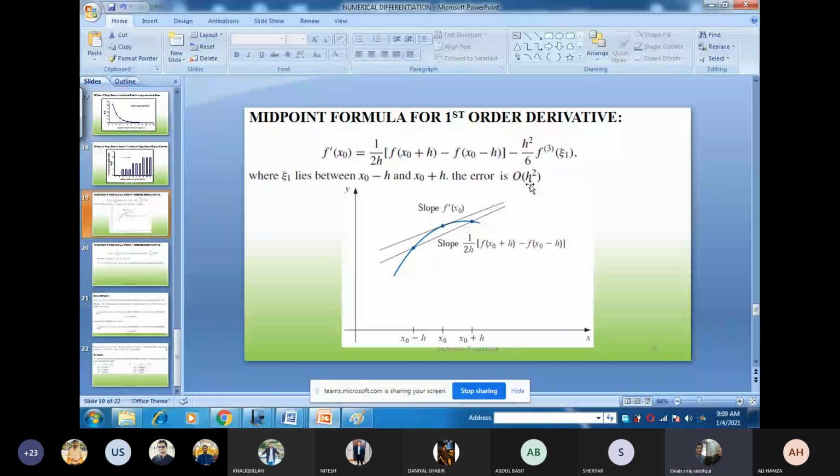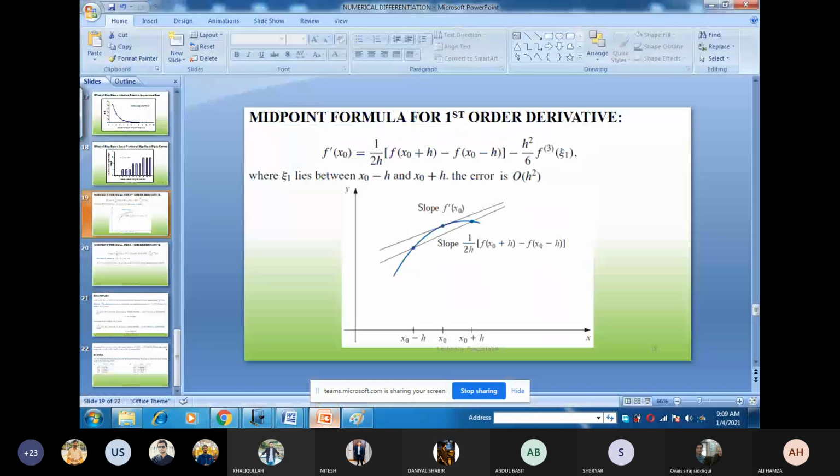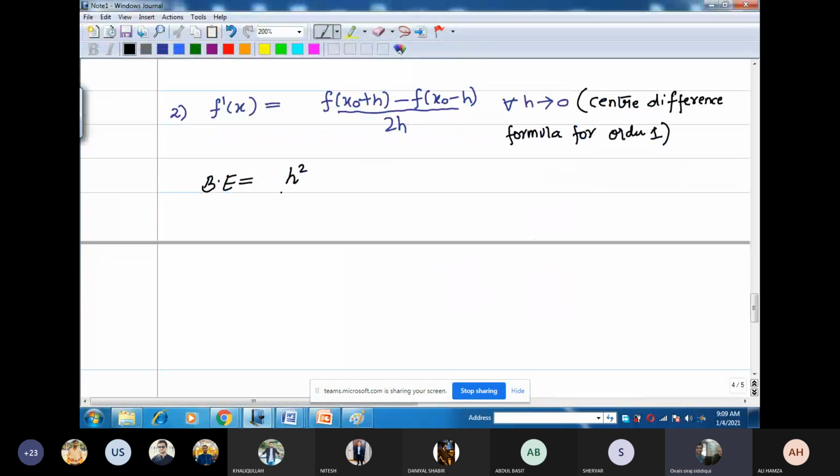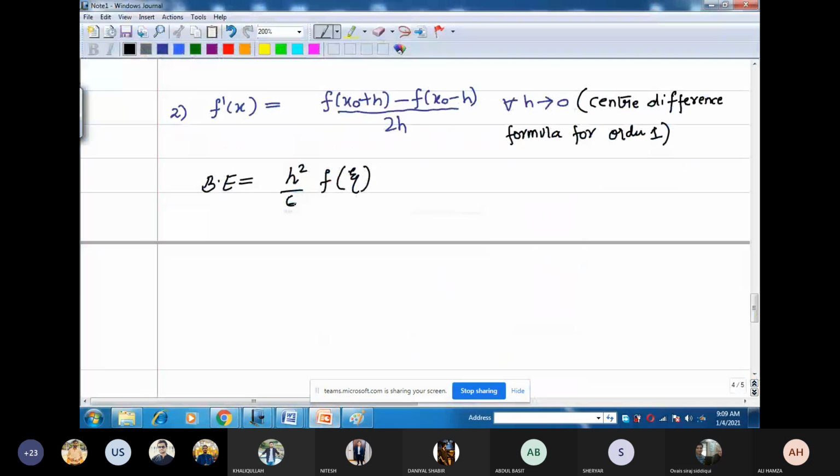This is derived from the Taylor's polynomial series: h square over 6 times f triple prime of eta, the third derivative. Or the bound error will be equal to h square over 6 times f of eta, third order derivative. Okay, this is the bound error.